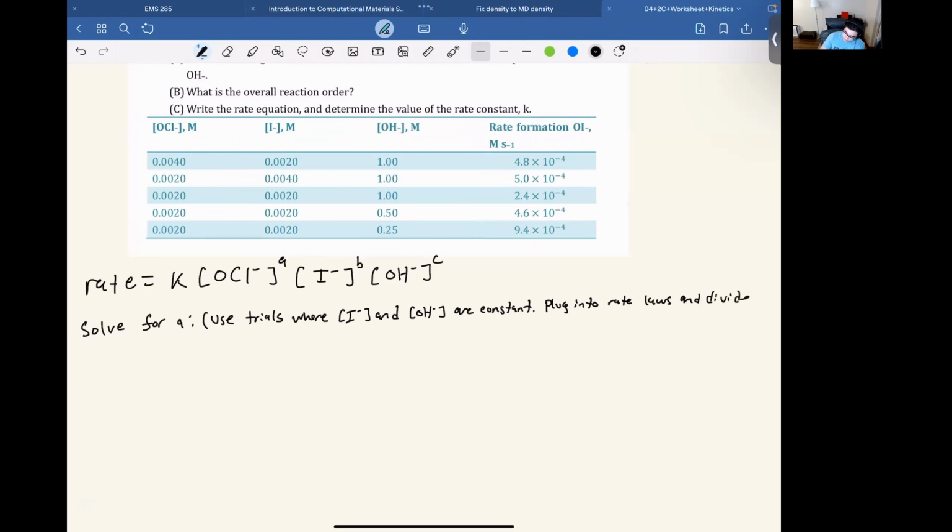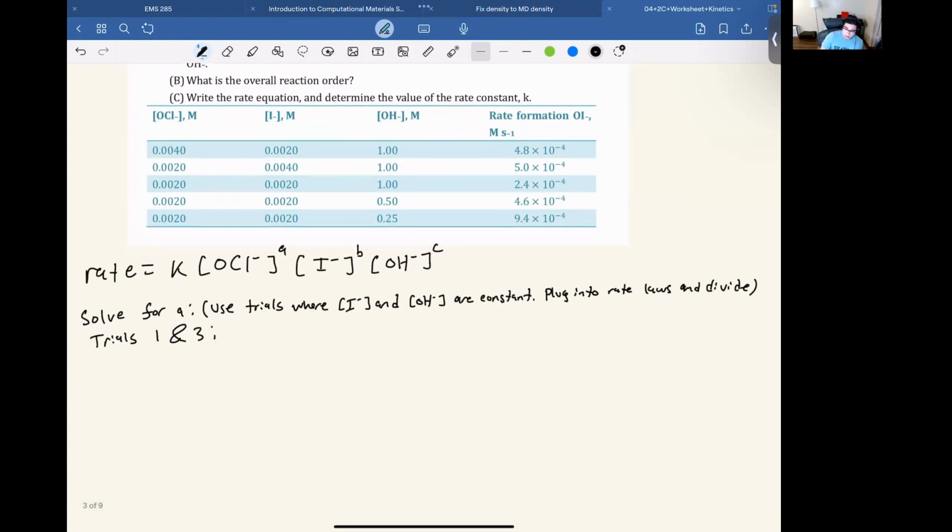And divide. So I'm going to use trials 1 and 3 for this, right? Because iodine and hydroxide are constant there. Why do we divide the two rate laws? So really what we're doing is this.